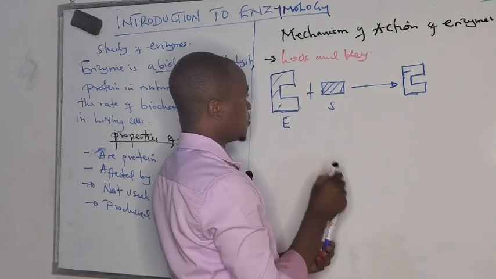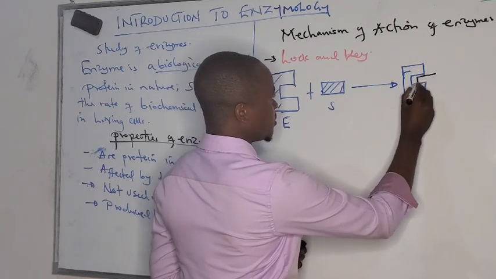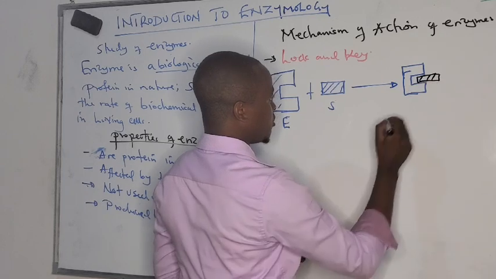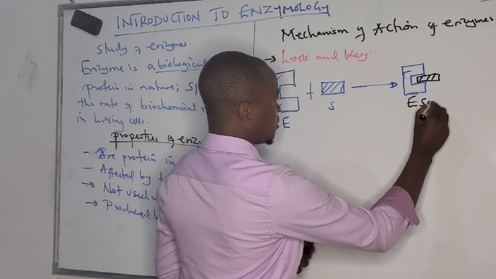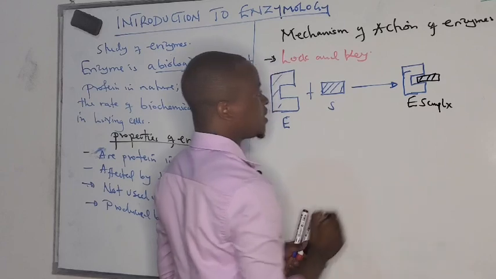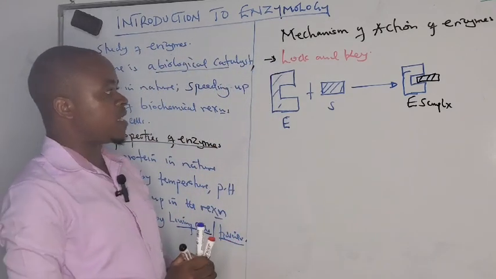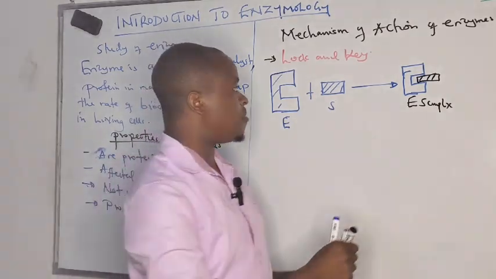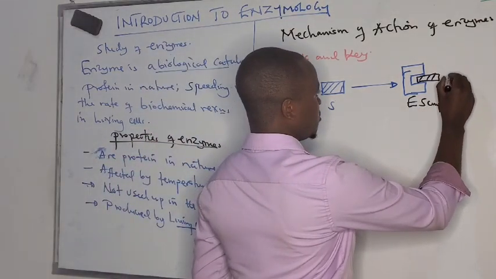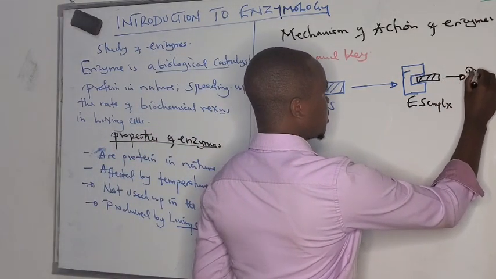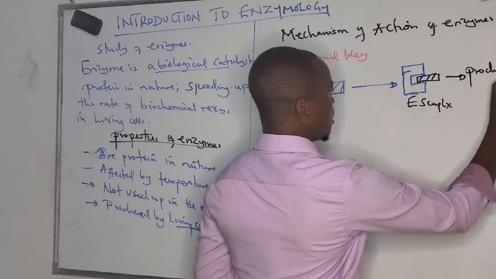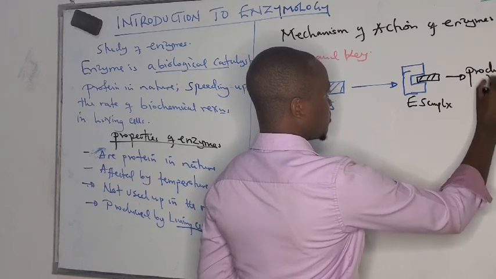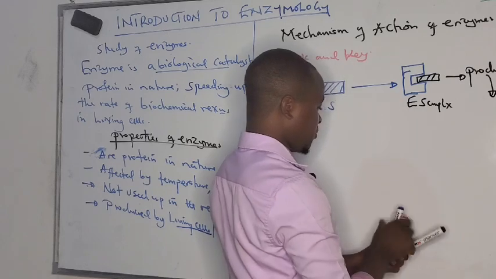We form an enzyme substrate complex, and at the end of the reaction we form a product and release the enzyme. The enzyme is unused.